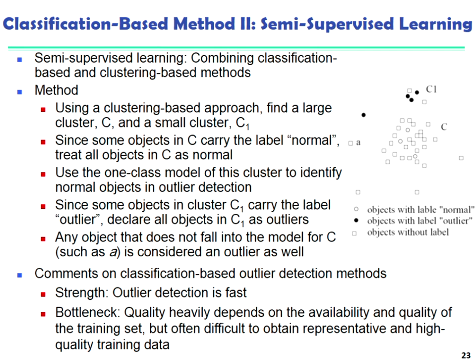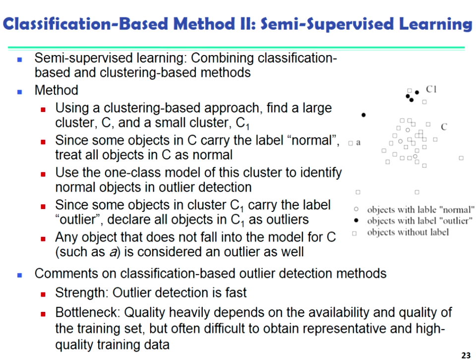Since some objects in cluster C1 carry the label outlier, we declare all objects in C1 as outliers, and any object that does not fall into the model for C is considered an outlier.